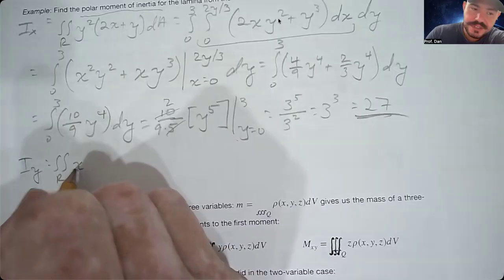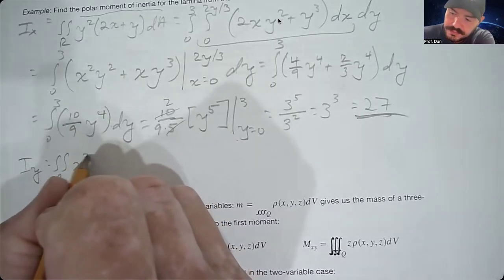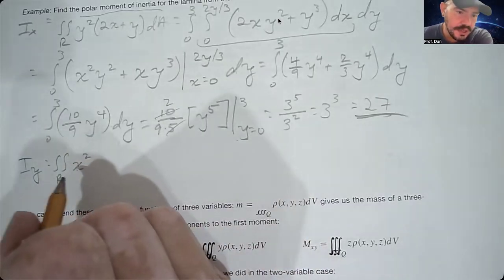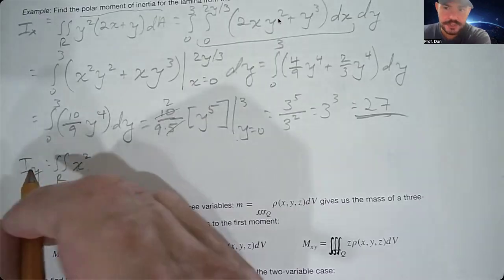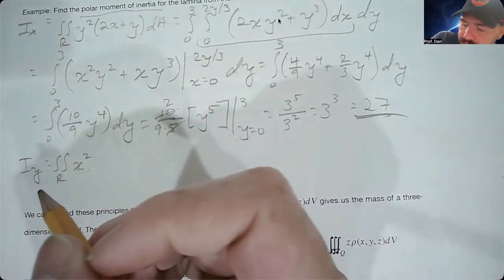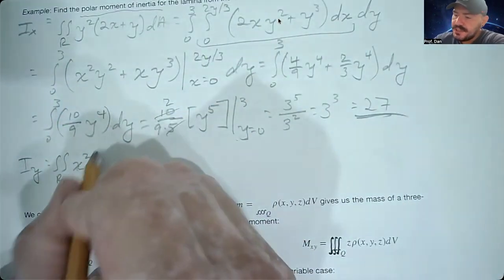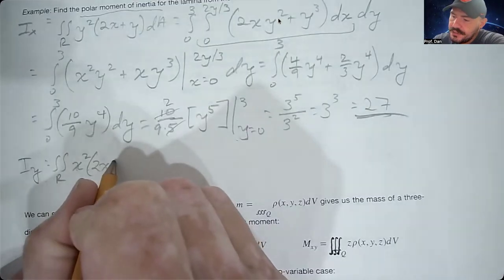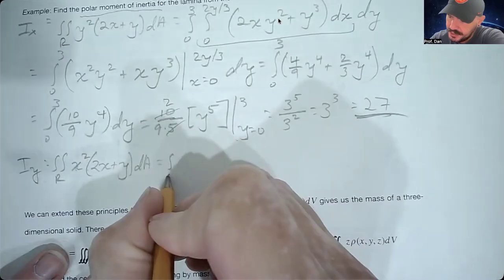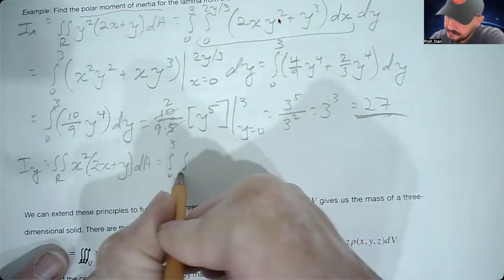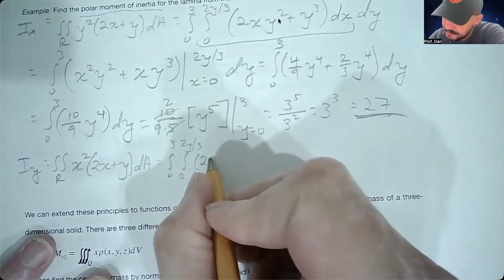So remember, just like before, we're using x to multiply the density function, x squared actually, because x tells us the distance from the y-axis, and this is the moment of inertia along the y-axis. All right, so we have x squared multiplied by our density function. All right, choosing the same setup, distributing the x squared.